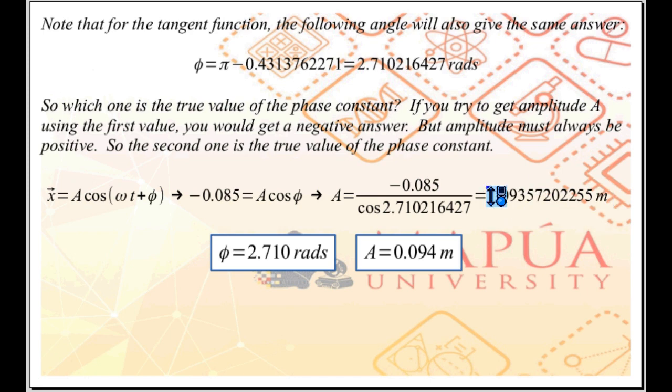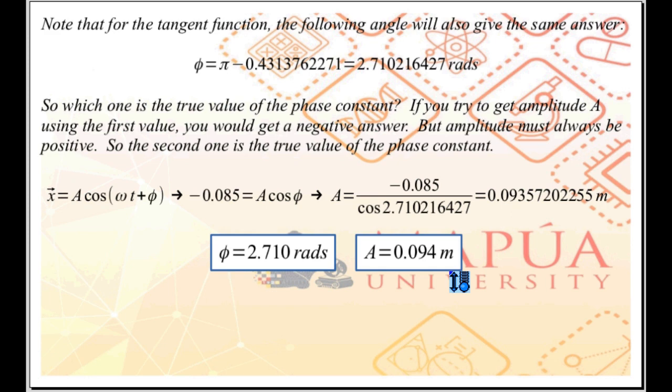So we got a positive answer for the amplitude. That means this value of the angle is the more appropriate value for the phase constant. So phi is equal to 2.710 radians and A is equal to 0.094 meters.